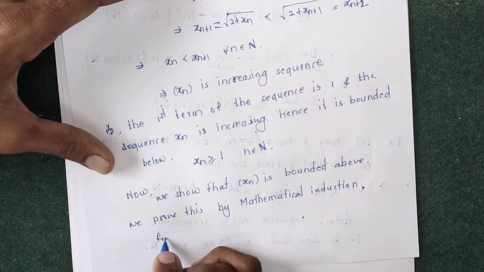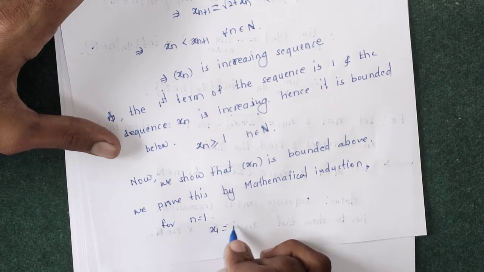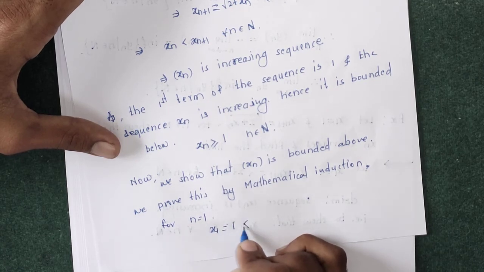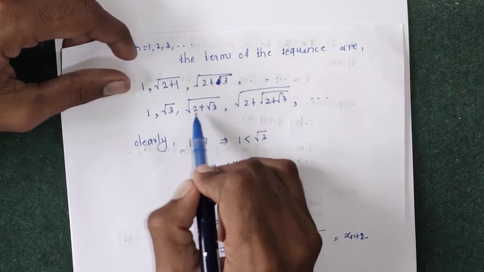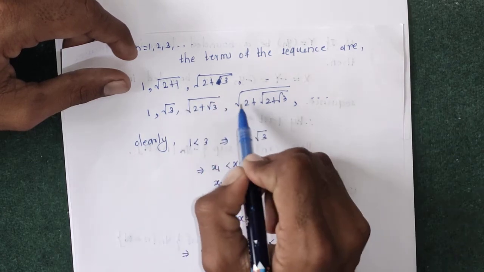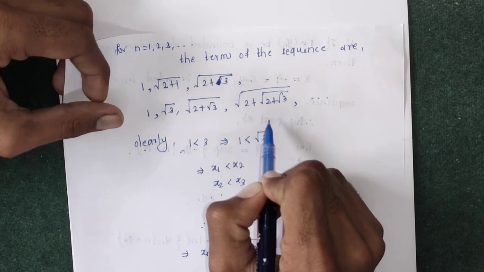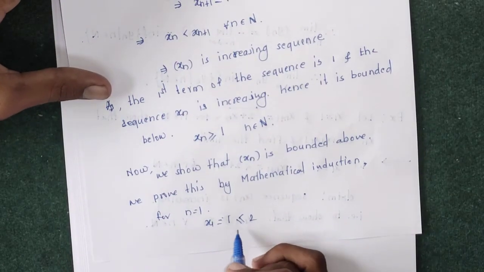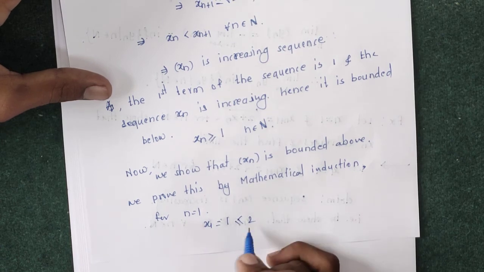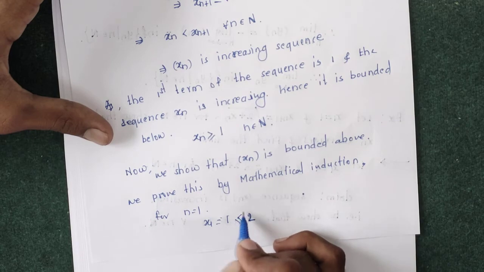For n equals 1, we have x1 equals 1, and this 1 is less than or equal to 2, because we observe that 1, then square root of 2 plus root 3 is again less than or equal to 2. So our sequence lies between 1 and 2. So for the first element, it is less than or equal to 2.